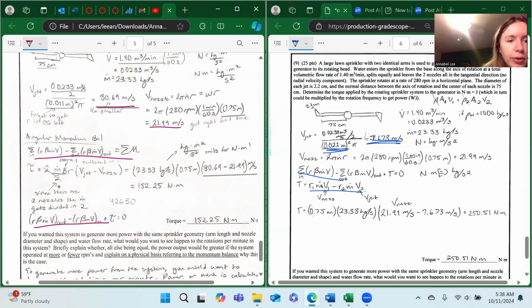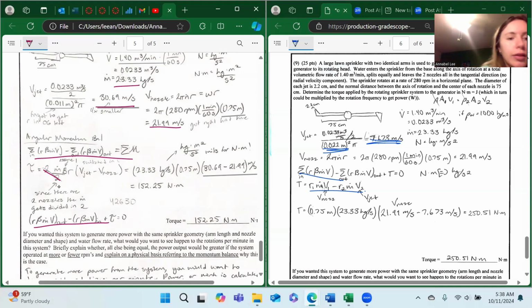But yeah, you can get to the torque equation of 2 times, because there's 2 nozzles, times the mass flow rate. But you want to divide that by 2 because there's 2 nozzles, so that original amount of 23 kilograms per second is being split. But those two cancel out. So then beta times the radius, which is going to be just 75 centimeters, half of the entire thing.